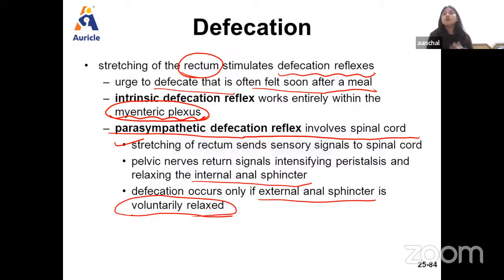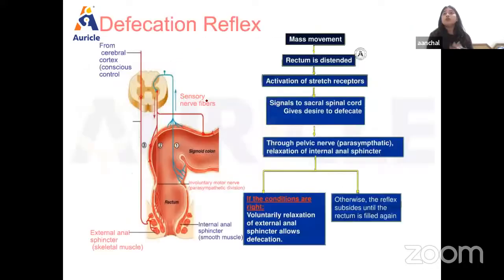So whenever this mass movement or mass peristalsis occurs inside the GI tract, there will be accumulation of food inside the rectum, so the rectum will get distended.